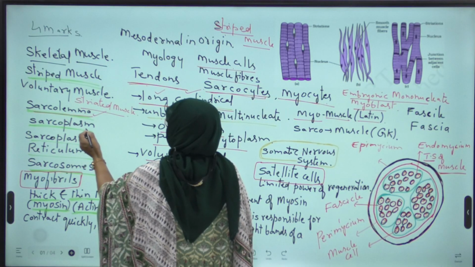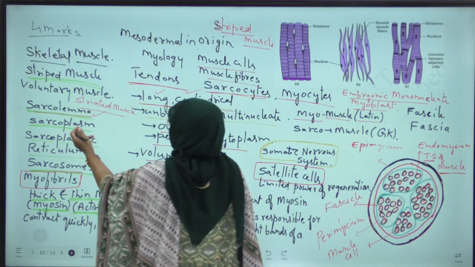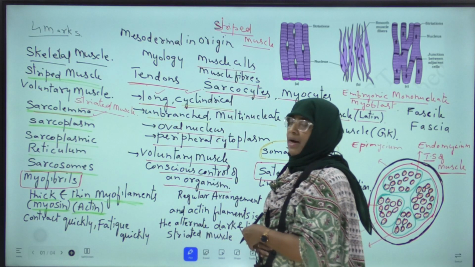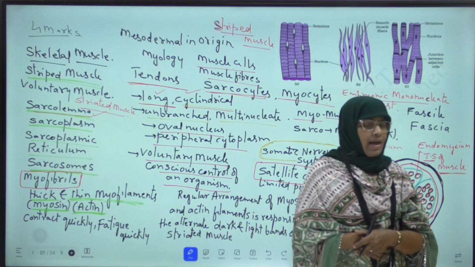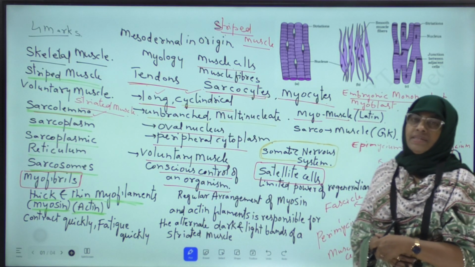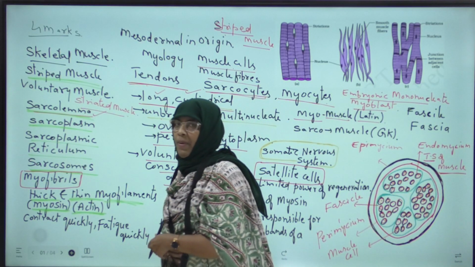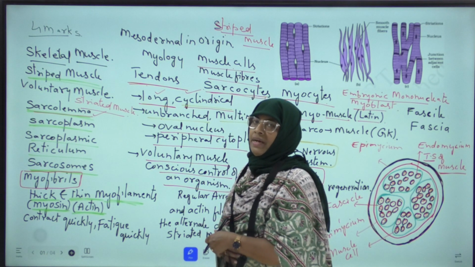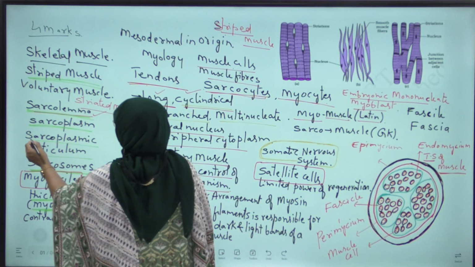Next, the cytoplasm of the muscle cell is called sarcoplasm. Next, in the sarcoplasm, endoplasmic reticulum is present. This endoplasmic reticulum of the muscle cell is called sarcoplasmic reticulum.